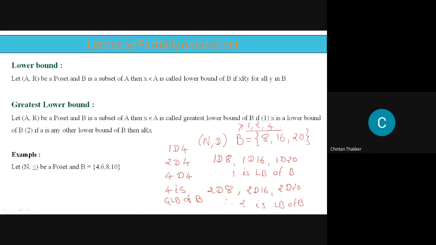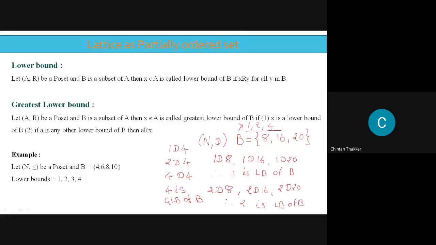But 5 is greater than 4, so 5 does not relate to 4, so 5 is not a lower bound. More than 4, they are not lower bounds of B. So here the lower bounds are 1, 2, 3, and 4.